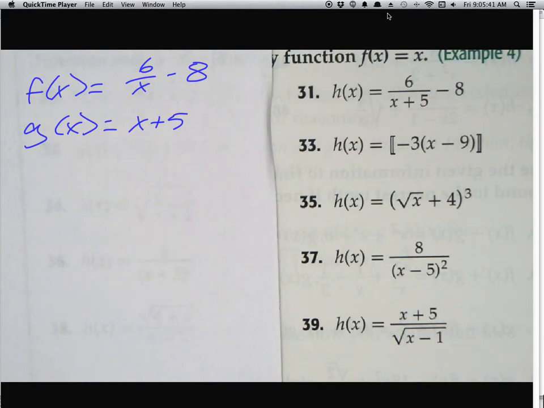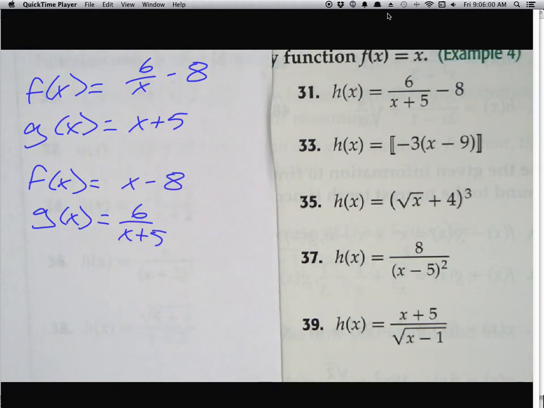Does anybody see anything else I can do besides the f and g that I already have? g could be 6 over x plus 5, and f could be x minus 8. What do you guys think about that? Does that work? Yes, that works.